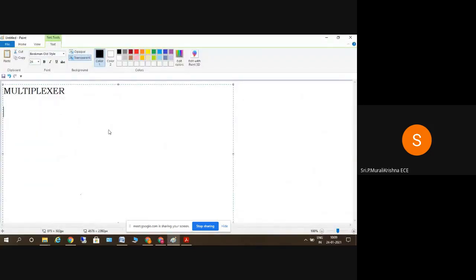We'll see the definition of a multiplexer, the truth table of a multiplexer, and what this multiplexer will do. We'll also see how Boolean functions or any circuits are designed using multiplexers. This is one of the most important combinational circuits used in day-to-day life.